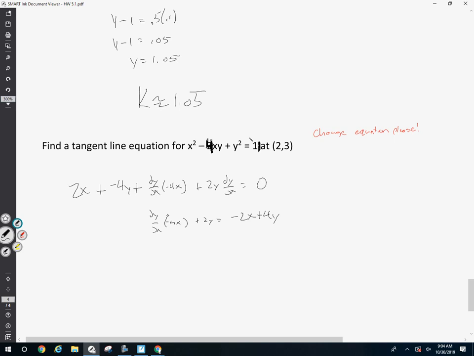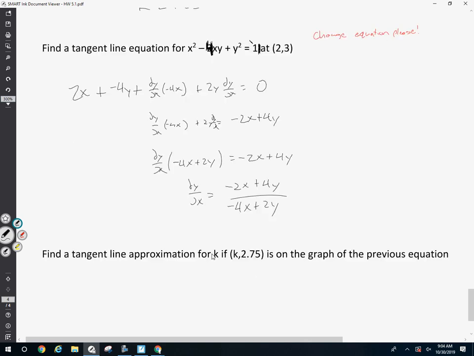Factor out the dy dx. I'll show all the steps. This is one of those derivatives that has nice symmetry because it's either like a hyperbola or an ellipse.